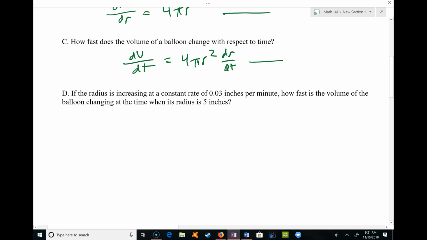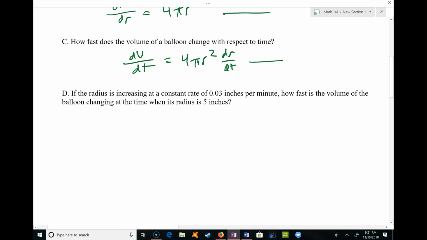So now the key to this problem is translating all that information into calculus language, right? So when you see if the radius is increasing, you should immediately think of positive, good. What else? We're in a calculus class. You should think of a derivative, shouldn't you? Because it's talking about change, right?